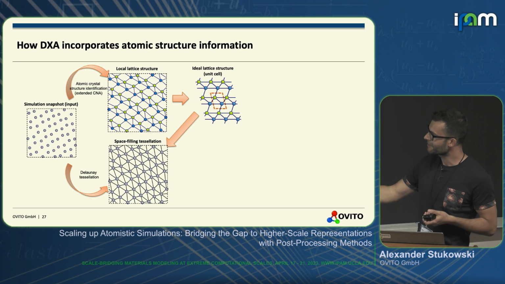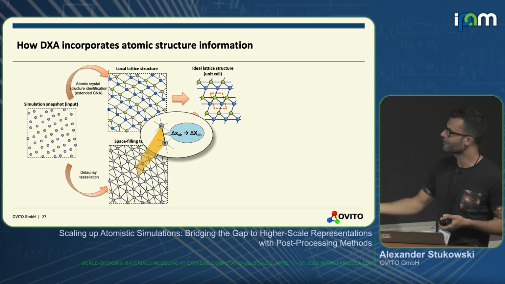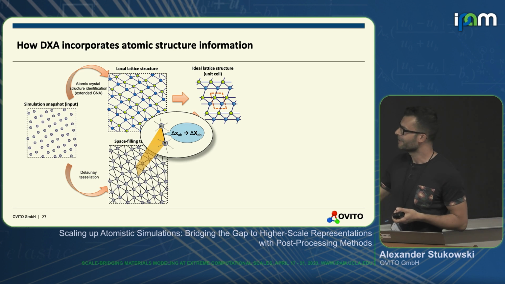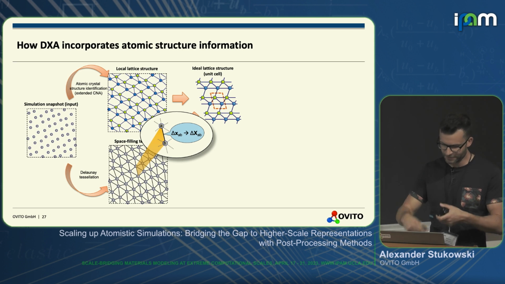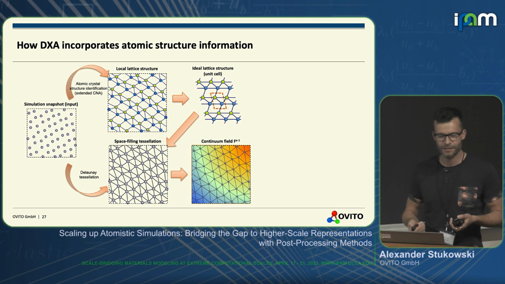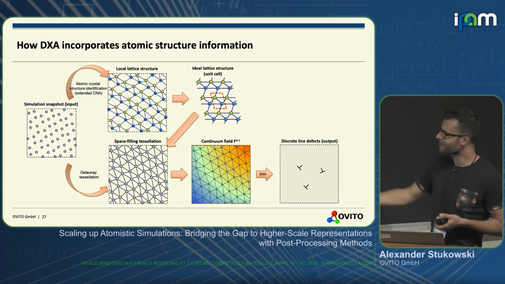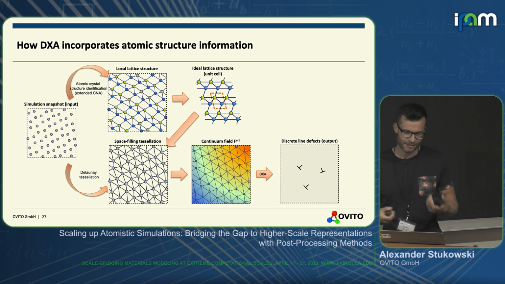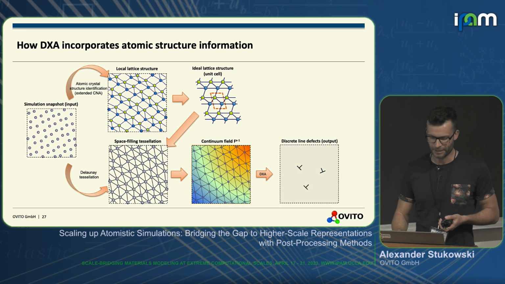And then we map this information back onto the Delaunay tessellation. So for each edge of the tessellation, connecting two atoms A and B, we determine a corresponding ideal crystal lattice vector. This collective information then establishes a discretized elastic continuum field. And then that's when the magic happens. DXA analyzes that field to extract incompatibilities and then extract these dislocations.